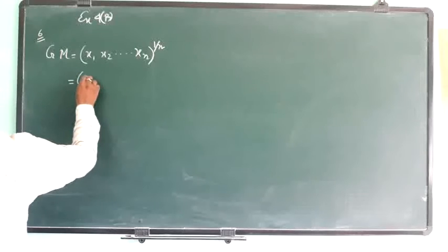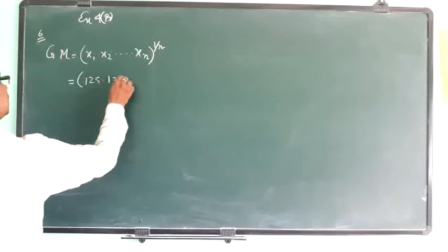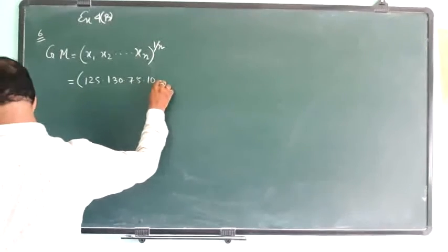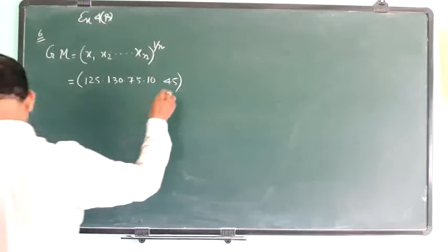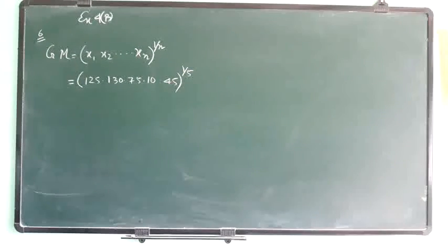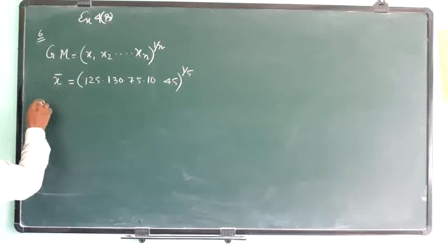Now I am going to write 125, 130, 75, then 10, then 45, and the root is the fifth power. So you have to write it like that. Now students, you can give a name here. Geometric mean, suppose x bar.